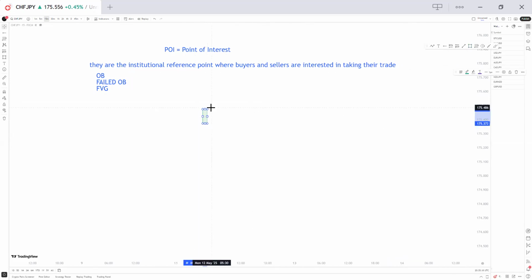Let's say the green represents buy, while the red represents sell. I'll change this color. The green represents the buy, while the red represents the sell.